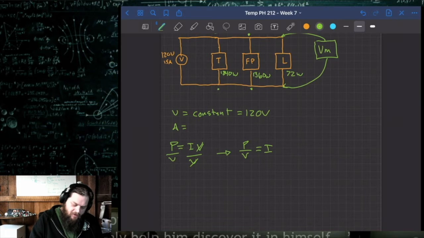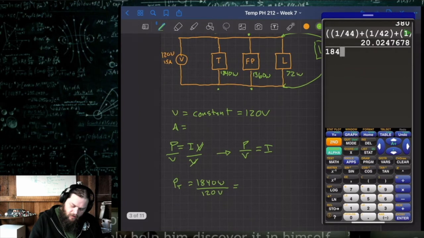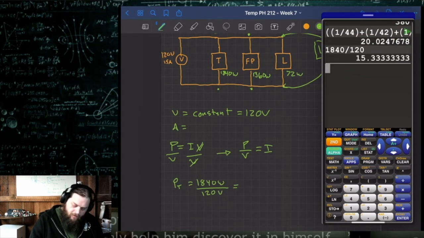So in this first case with the toaster, I'll say P sub T is going to equal 1840 watts divided by 120 volts, which is going to equal 15.33, and this is going to be in amps.